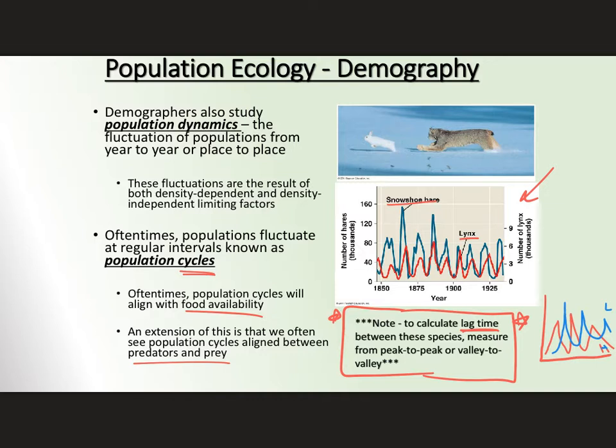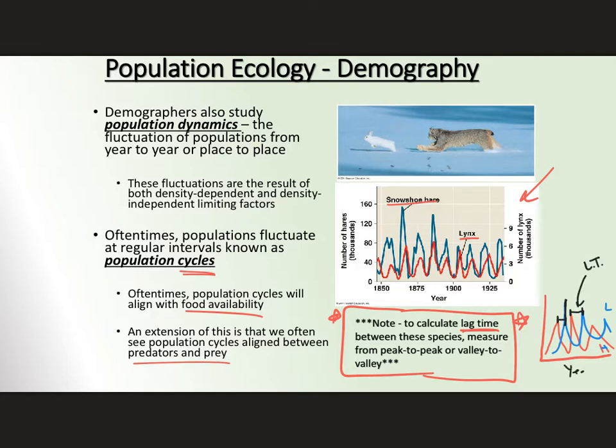So, for instance, if we were looking at this graph here, let's say we could measure from this peak to this peak, right? Or if we wanted to, we could measure from this peak to this peak. And that would be our lag time.